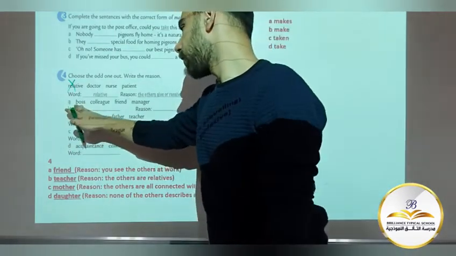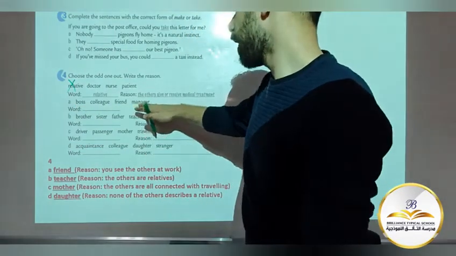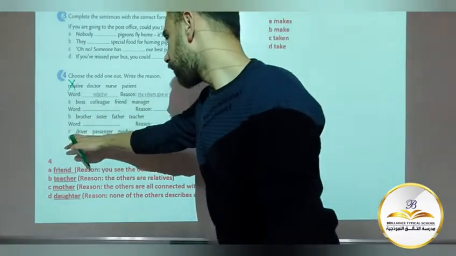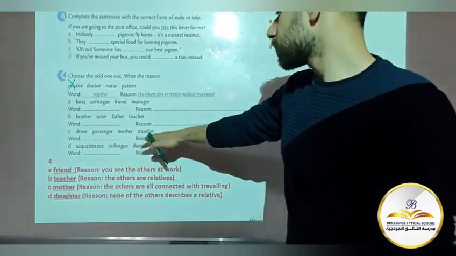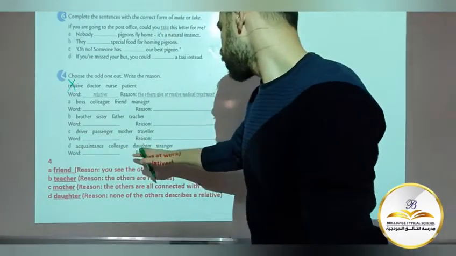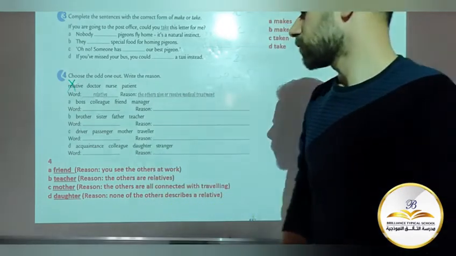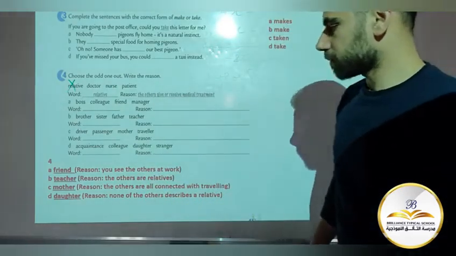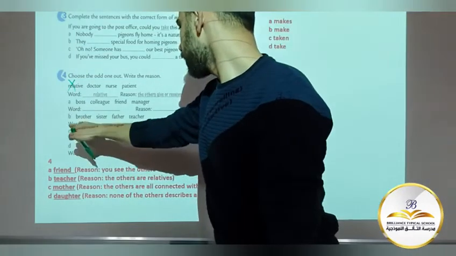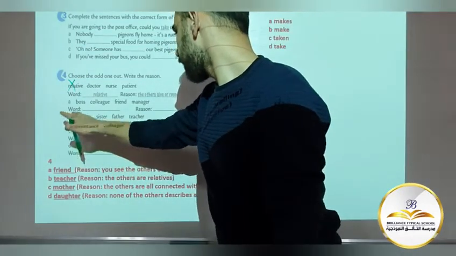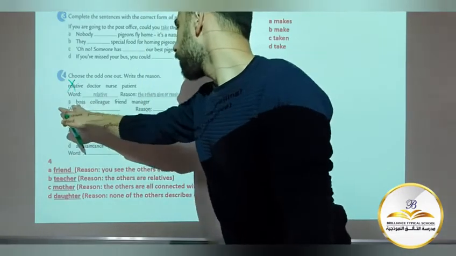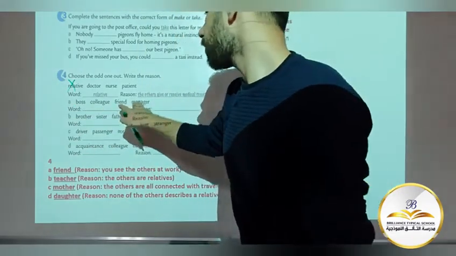And here we have boss, colleague, friend, manager, brother, sister, father, teacher, driver, passenger, mother, traveler, acquaintance, colleague, daughter, stranger. Let's take a look at the answers. Here, boss, colleague, and manager, all of them are related.